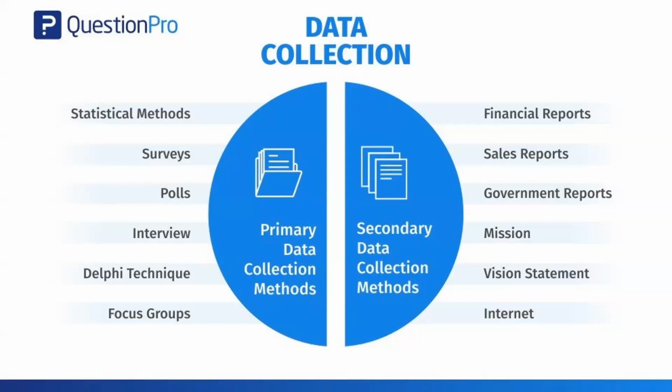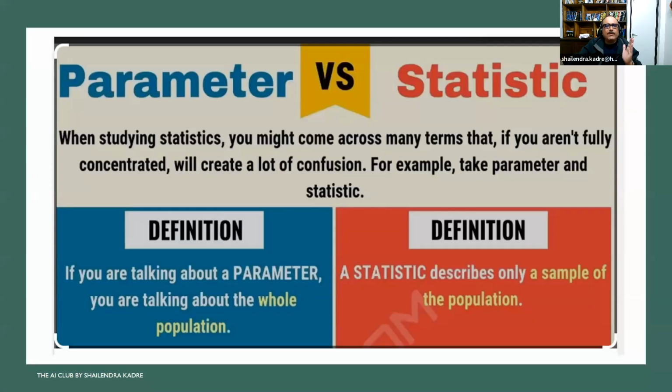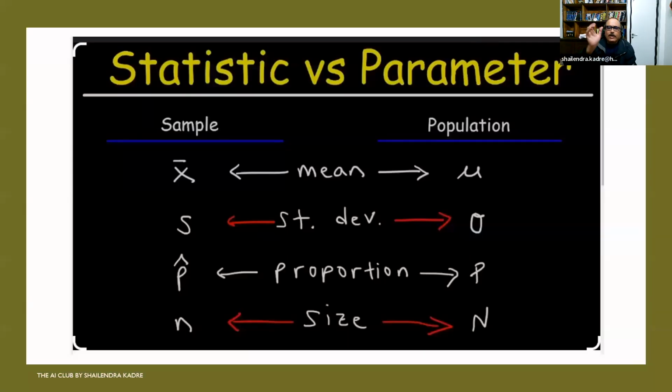Okay. Then we discussed primary sources of data and secondary sources of data. Then we discussed the difference between population and sample. We also discussed PPSS: population parameter, statistic sample. For the population, whenever we talk about mean, standard deviation, proportion, and size, we always use Greek letters like mu, sigma, and capital P. But for a sample, we use simple English letters like x bar, s, and p cap.